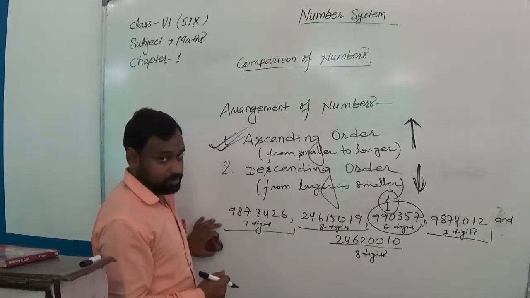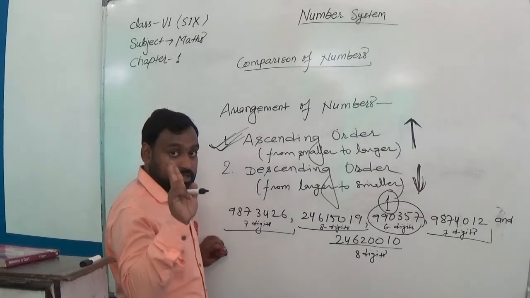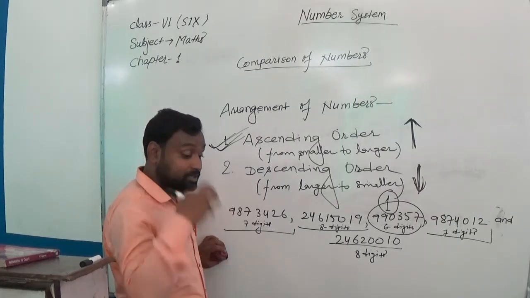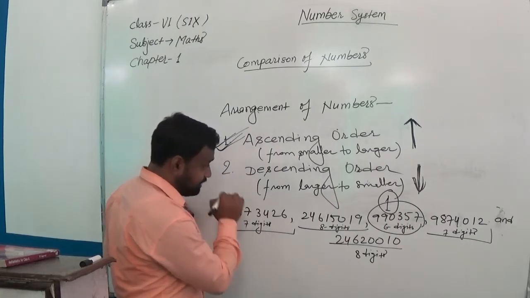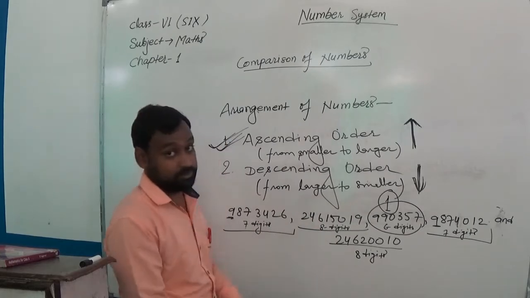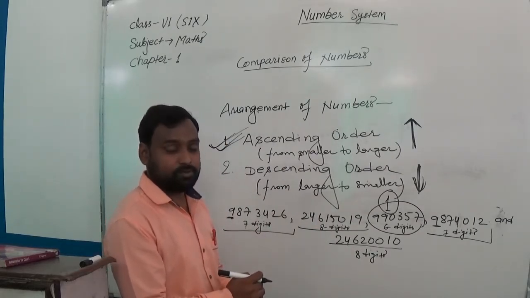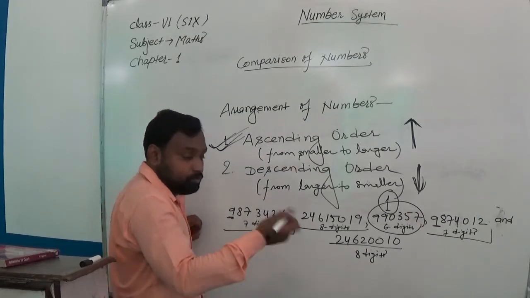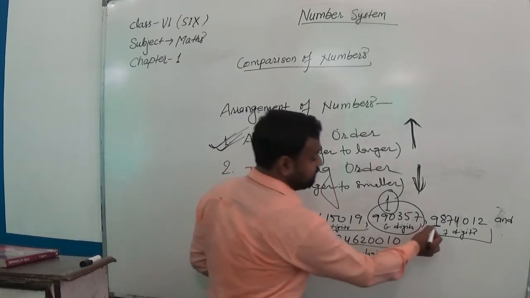And what we know, when two numbers have the same number of digits, we first compare the first digit from the left. First digit we have 9. At this point, we can't determine which is smaller and which is greater, so we move further. We have 8 at the second position.